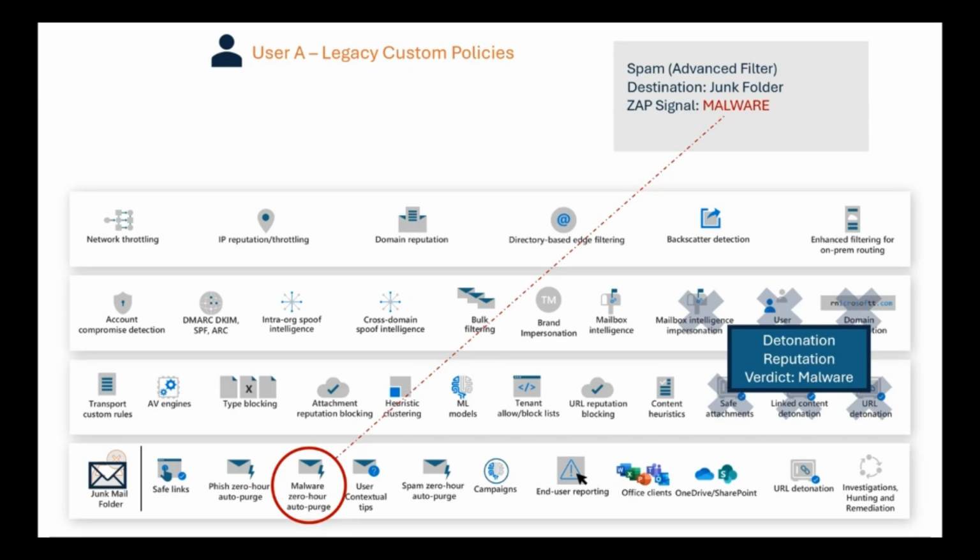In this case, the user wouldn't have been protected due to the lack of configuration on the applicable policies ahead of time, but because this was deemed a malicious message, as the signals are received, ZAP will take action and remove this message from the user's mailbox. So ZAP is definitely still an important component that we recommend everybody utilize, along with things like AIR and investigations, to help remediate messages that could be bad after the fact.